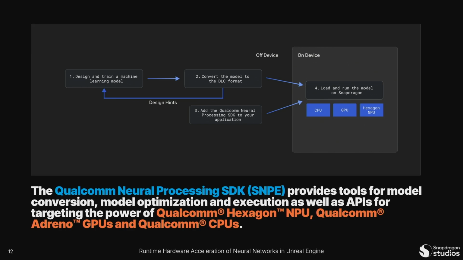You take that single format and load it into your application, and the application running the SDK is capable of deploying that model to CPU, GPU, or NPU. Since the process is that fast, you can easily iterate: take your model, retrain it, and integrate it again. That's one of the tools we use.